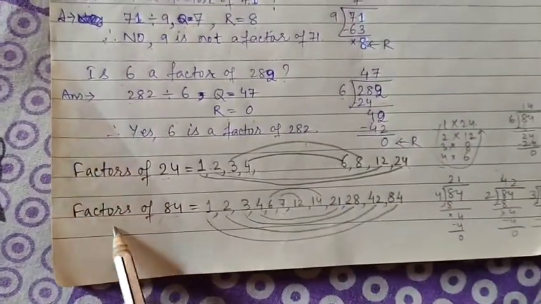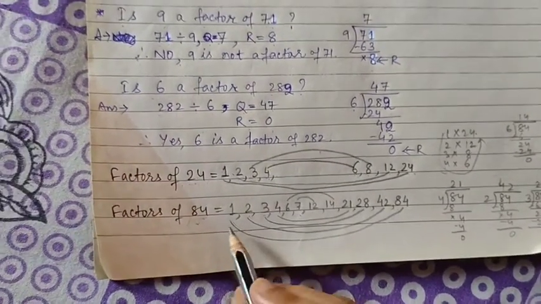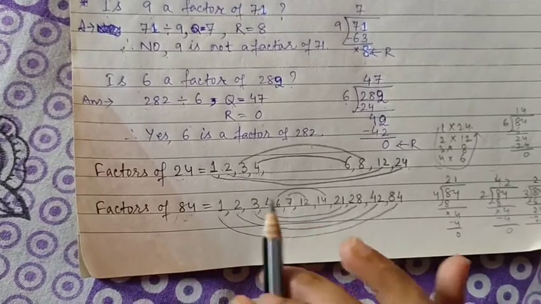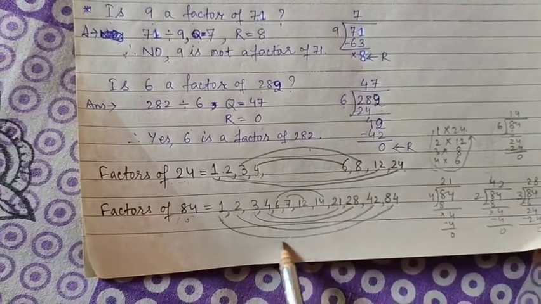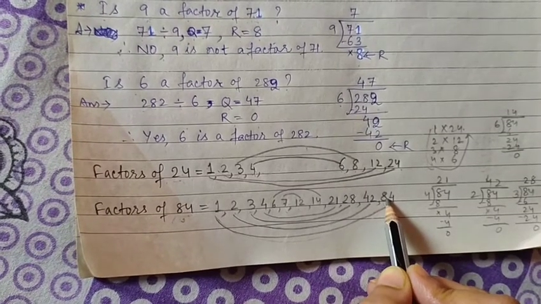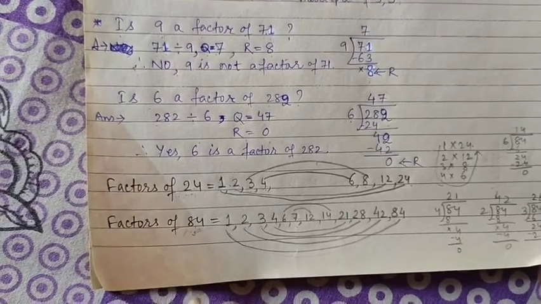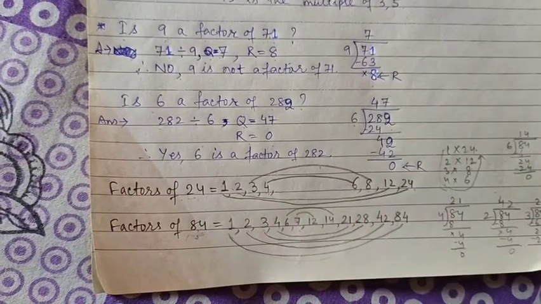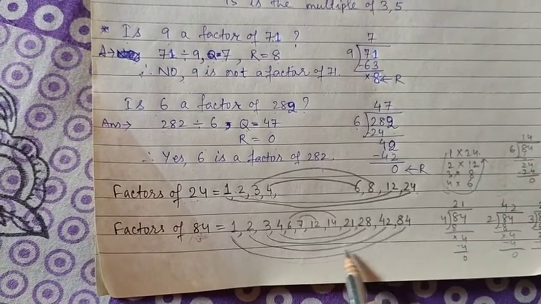Then another example, factors of 84. It's a bigger number. So how to find it? First take 1. 1 हमेशा रहेगा. 1 and the number itself. 1 84s. So 1 and 84 they make a pair. 1 84s are 84. Then this is even number, so divisible by 2. अभी बताई थी रूल. 2 से कटेगा. 2 तो लिख दिए, बट उसका अदर मेंबर क्या होगा?